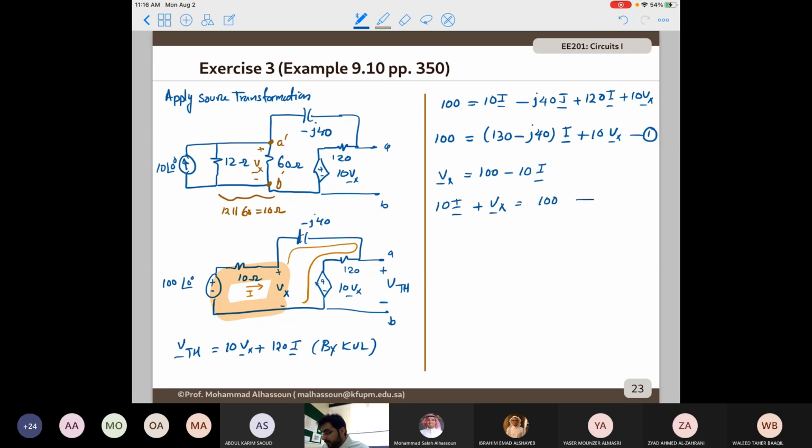So this is the second equation. So I have two equations, two unknowns. I can easily solve for that. And inshallah, next lecture, I'm going to show you a method to actually solve such a system, since most calculators do not allow you to solve a system with complex numbers.